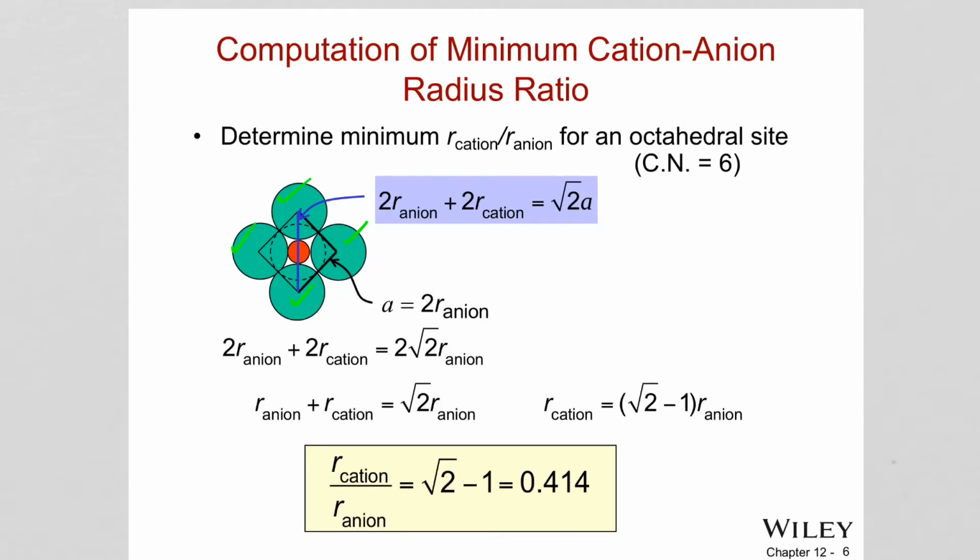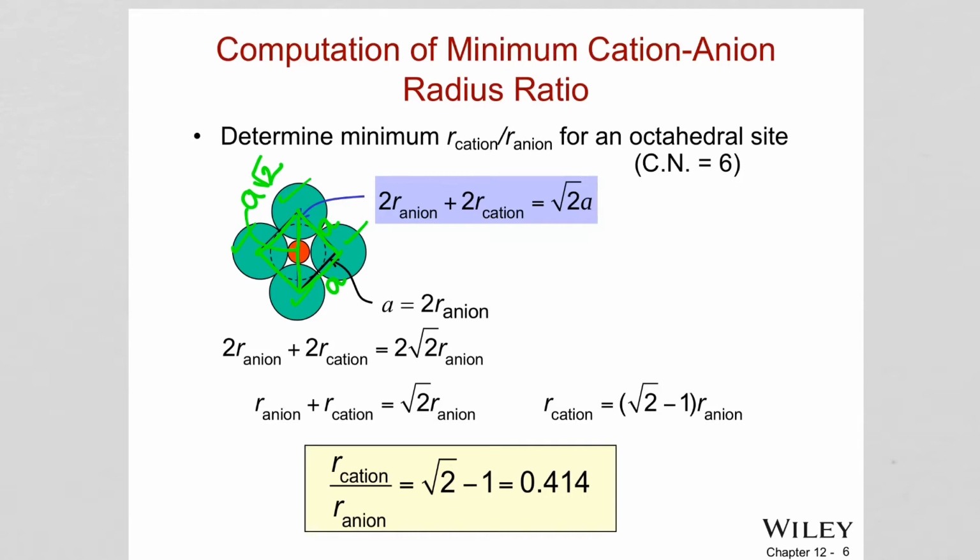So if we draw a square going through the centers of the anions, like this, and then if we draw a diagonal here, if this side is a, the diagonal is a square root 2.